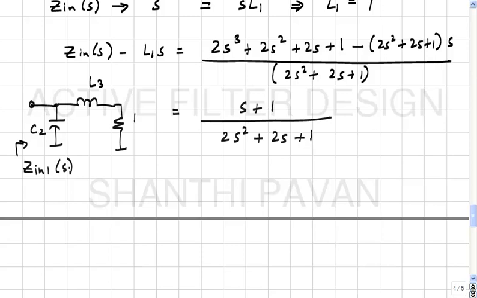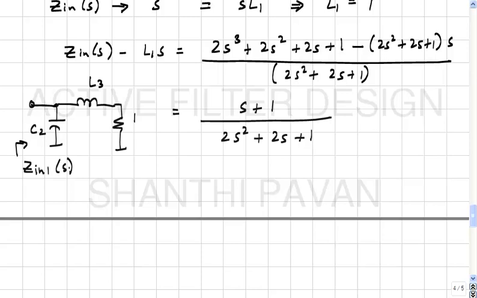In other words, there was a pole of Zin of S at infinity. What we have done by removing L1 S is to remove that pole. So clearly there is no pole at infinity for Zin1 of S.